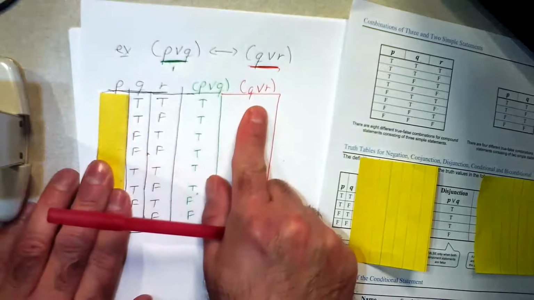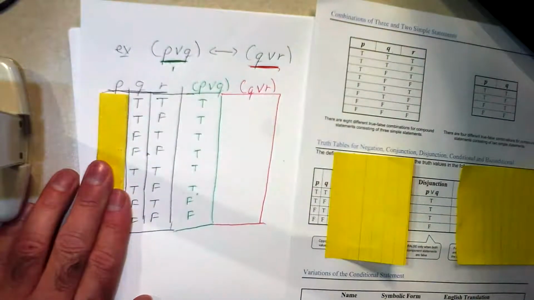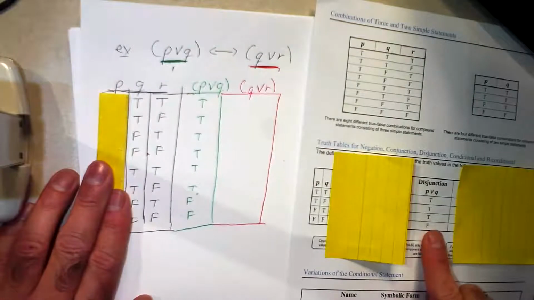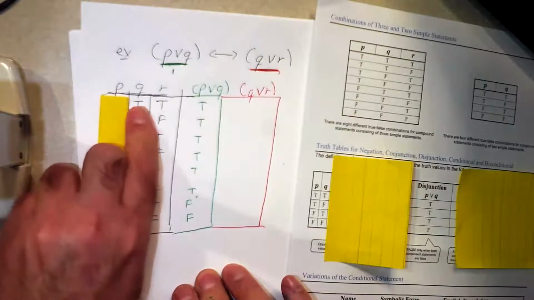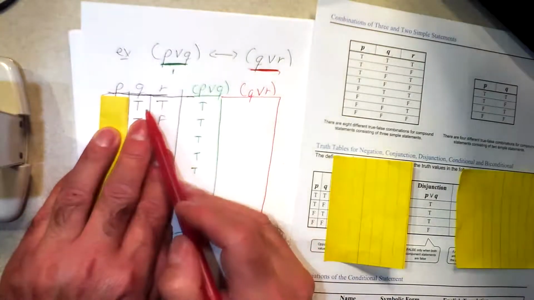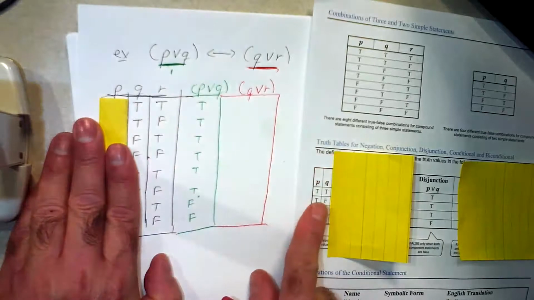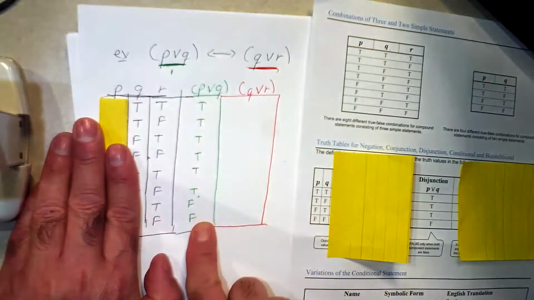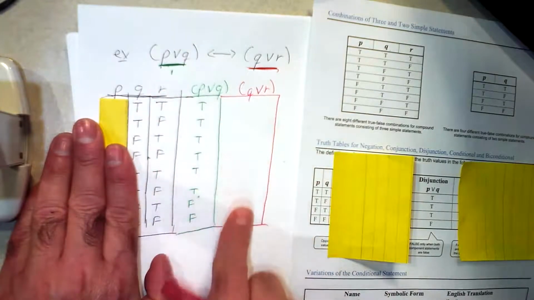And I'm going to use my disjunction column again. I'm just using the Q and the R columns, going row by row, comparing those two with my decipher code and putting my answers here. Don't worry about the green. We already did the green part.